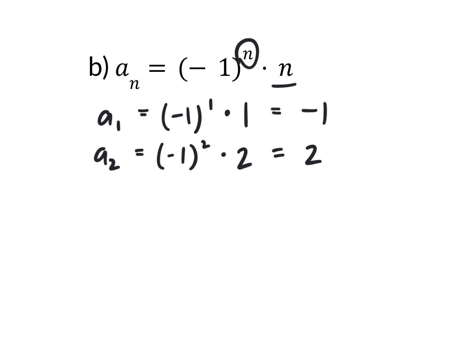Continue this all the way up to a sub 5. We should get -3, 4, and -5. Each term here is changing between negative and positive, right?